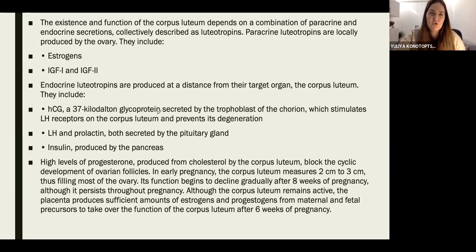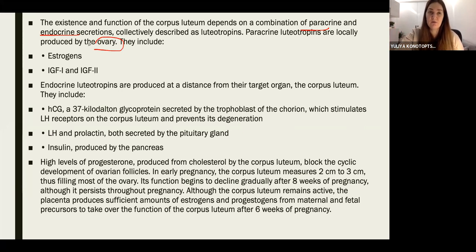Here we're talking about the corpus luteum, which is under the influence of paracrine and endocrine secretions. Paracrine are the hormones, or hormone-like substances, which are made by the ovary itself, right? So the ovary will make them and the ovary will be affected.